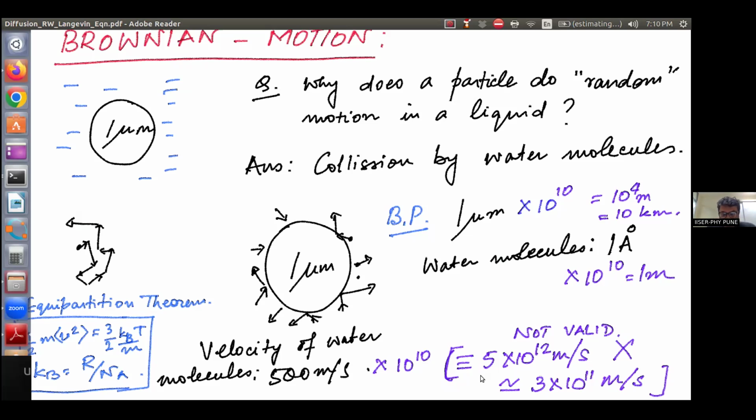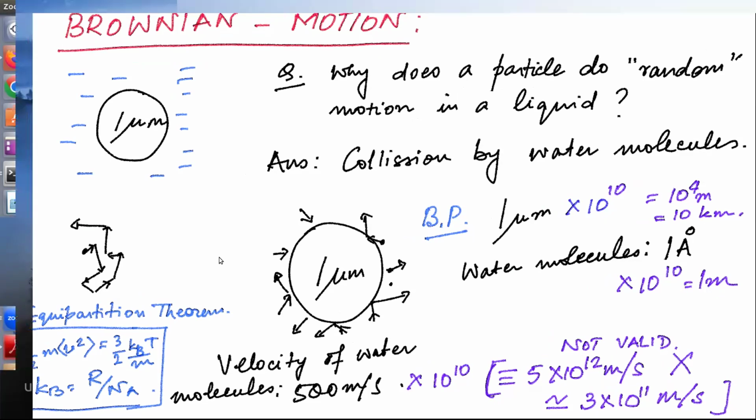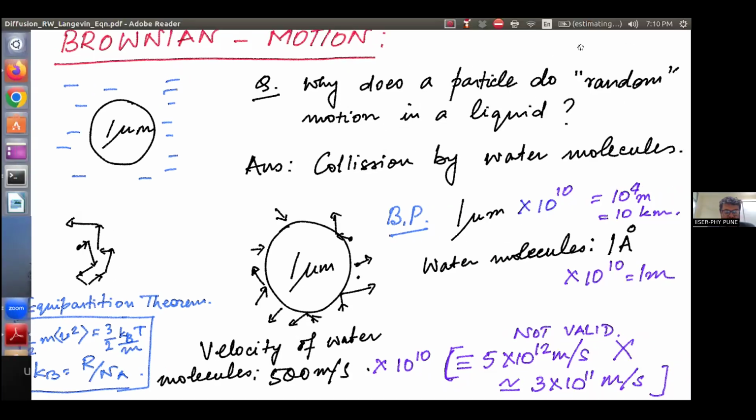Now, I don't want to convert speed also. What would be the speed? Just to tell you, without converting, the velocity of water molecules is around 500 meters per second. That's a very high speed.